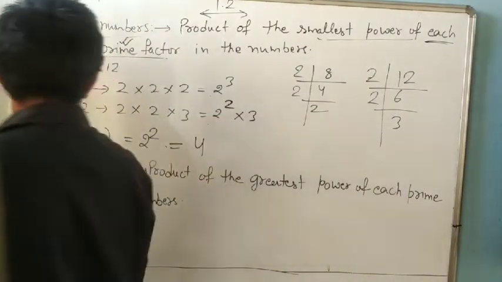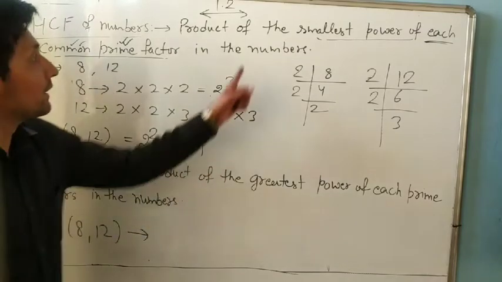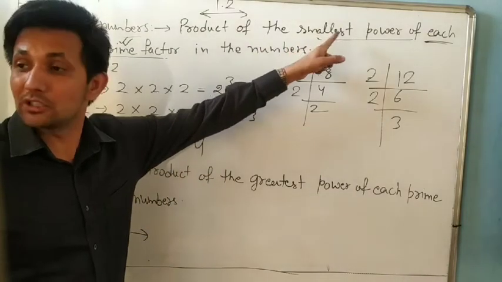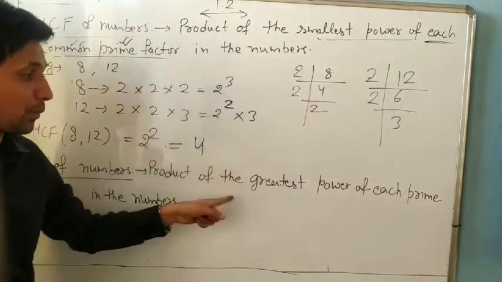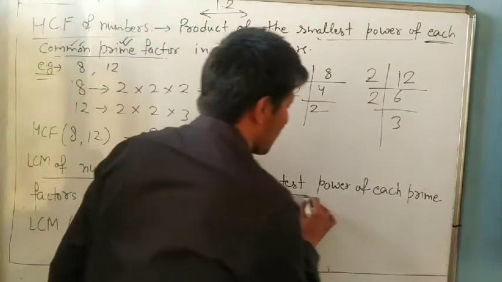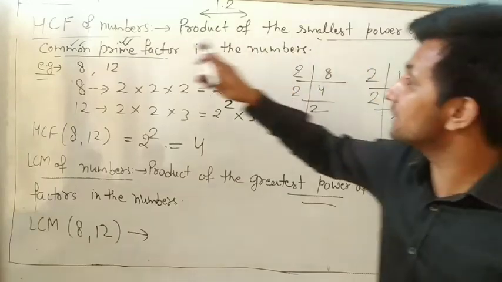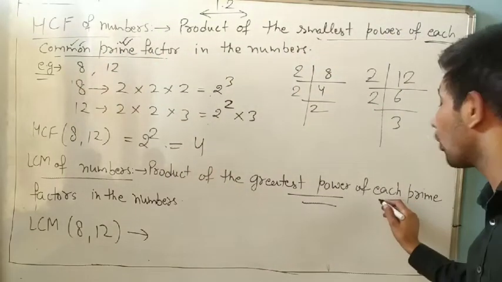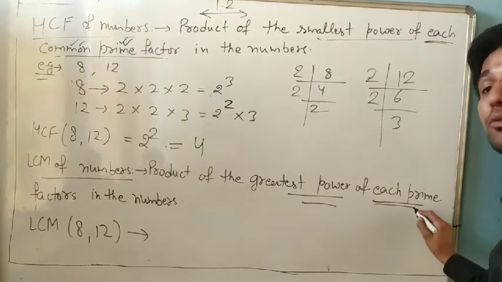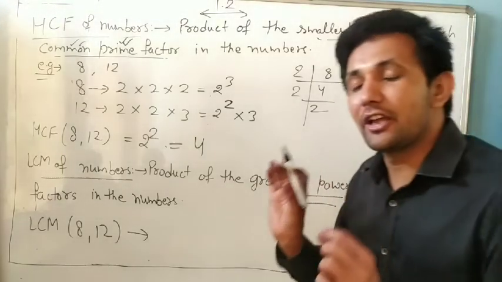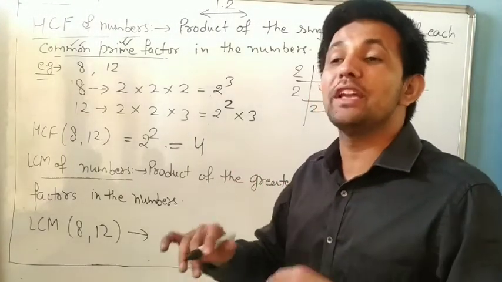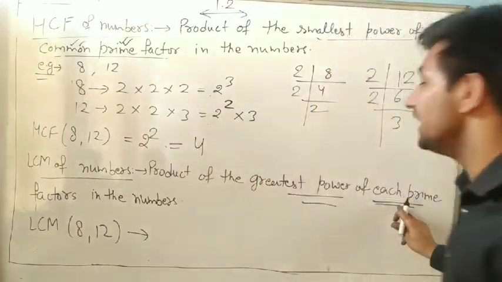What is LCM? HCF is the product of the smallest powers, but LCM is the product of the greatest powers of each prime factor.